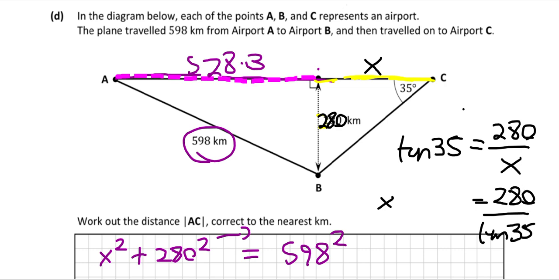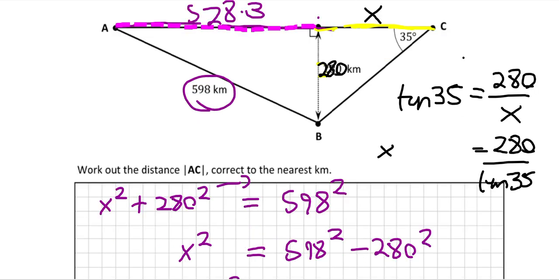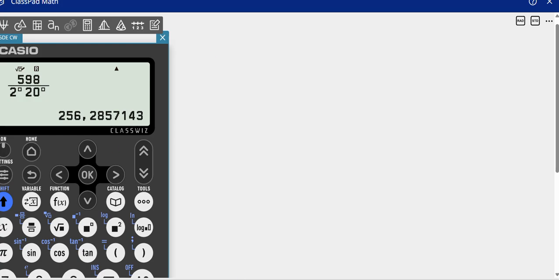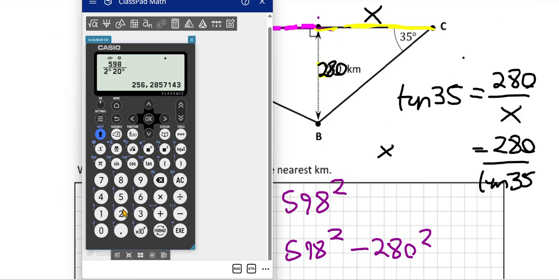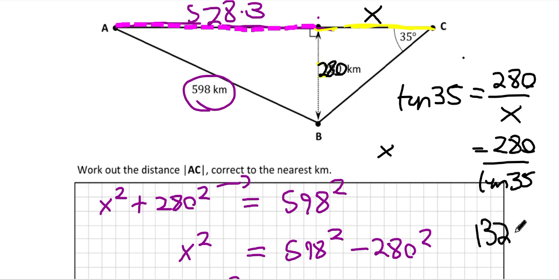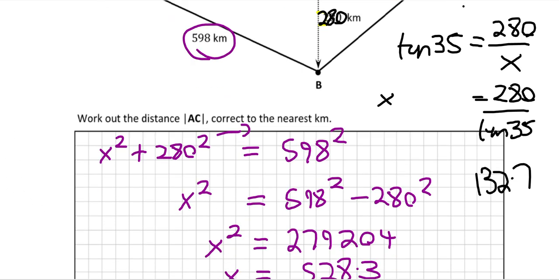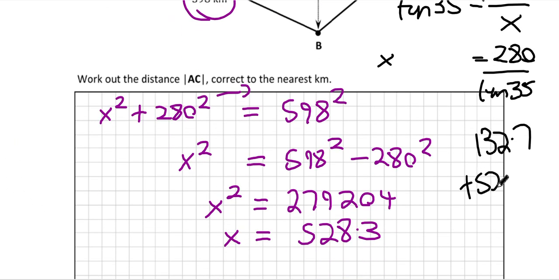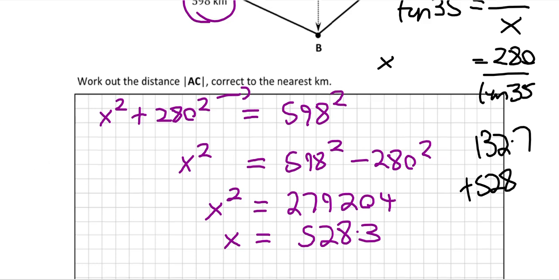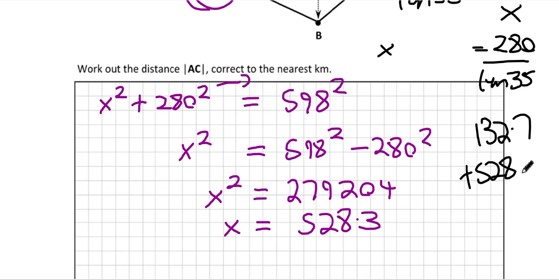What we got there was 132.7. 132.7 plus your 528.3, you get 661 kilometers.